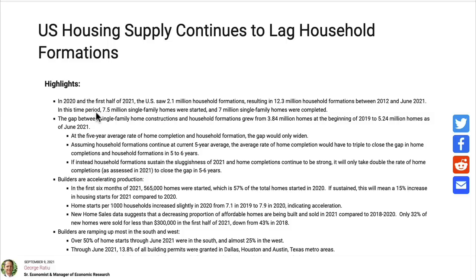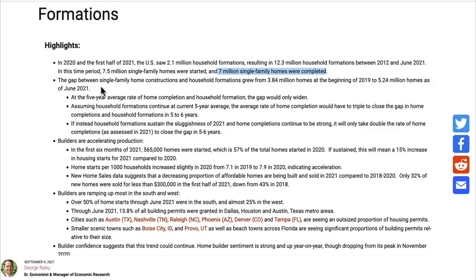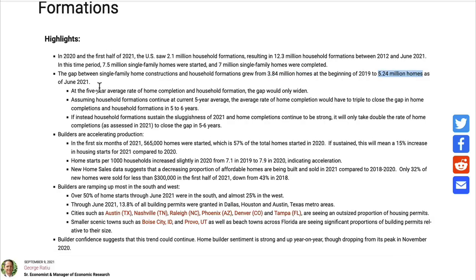In this time period, 7.5 million single-family homes were started, 7 million single-family homes were completed. 12.3 million household formations met with 7 million single-family homes. The gap between single-family home construction and household formation grew from 3.48 million homes at the beginning of 2019 to 5.24 million homes as of June 2021.